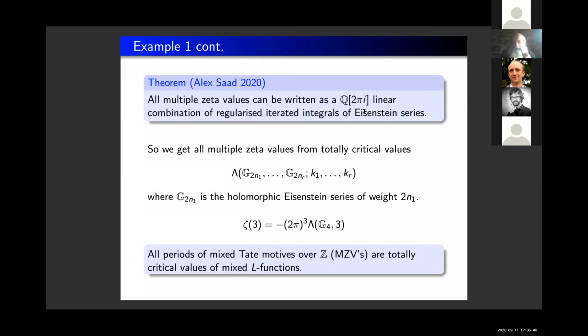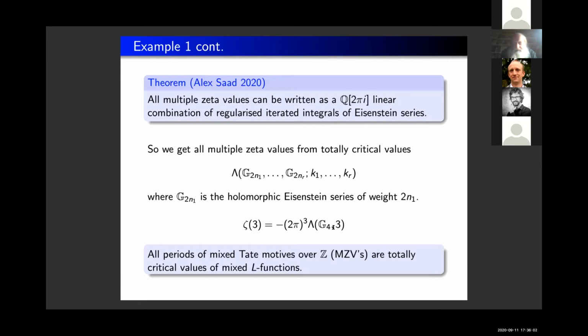You can get non-critical values of cusp forms. The proof is very beautiful, though rather tricky. But what it implies is that all multiple zeta values can arise as the totally critical values of these mixed L functions coming from Eisenstein series.